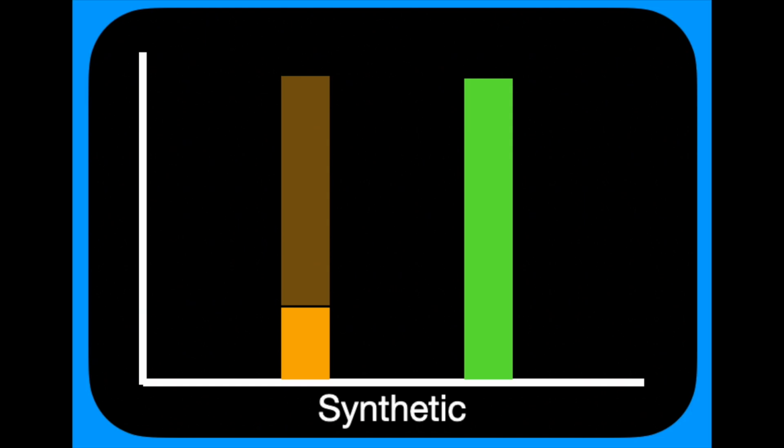And in this case, we generate the number of samples that is the difference between the majority and minority classes. You then add those samples to the minority class, and now you have an equal number of samples for each of the two different classes.